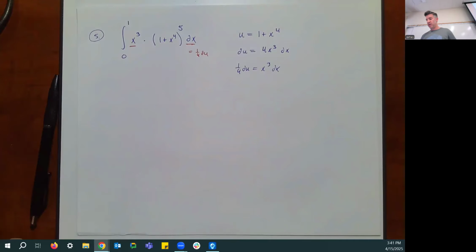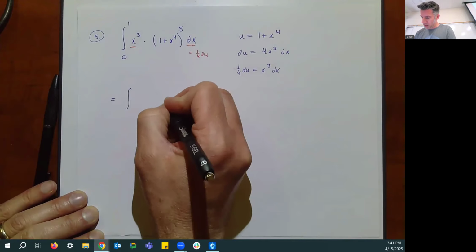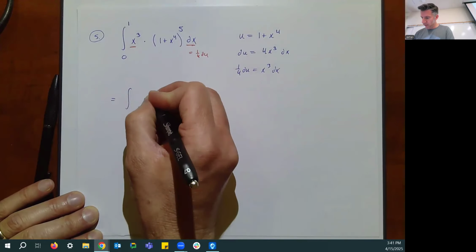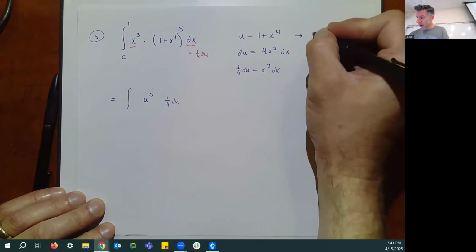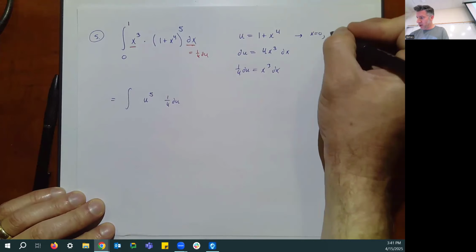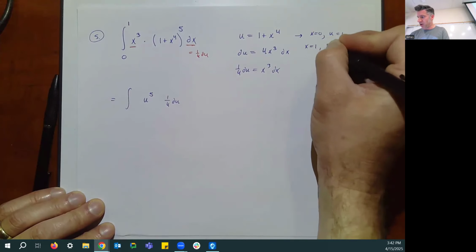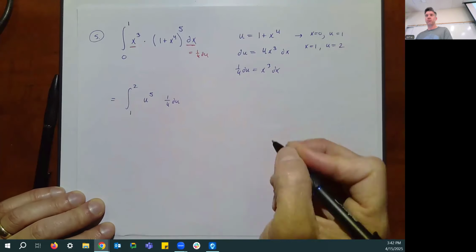And then that part right there is just my u to the fifth power. And then my new limits of integration: if x equals 0, I get u equal to 1 plus 0. If x equals 1, I get u equal to 1 plus 1. So my new limits should be from 1 to 2.